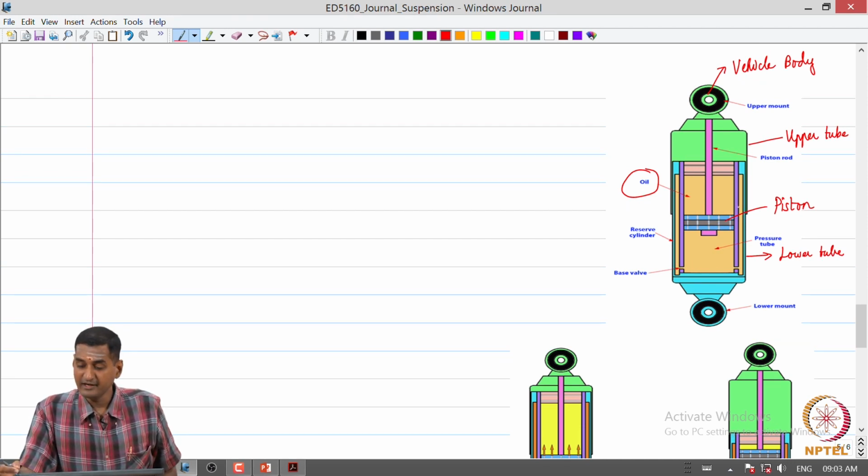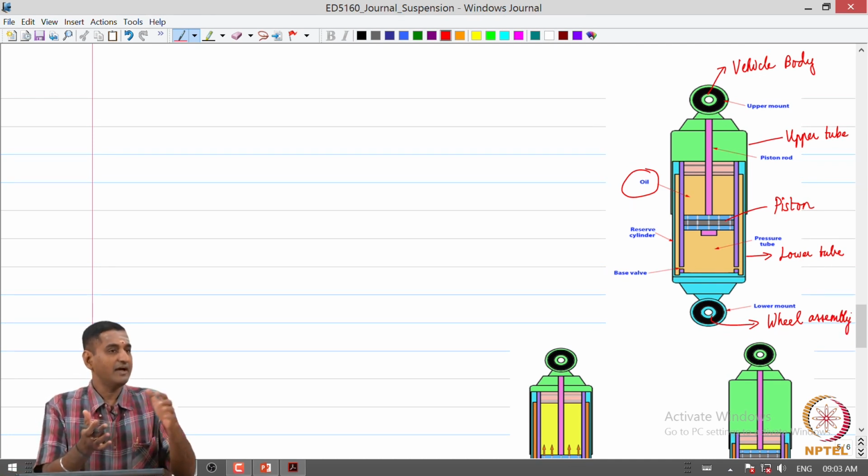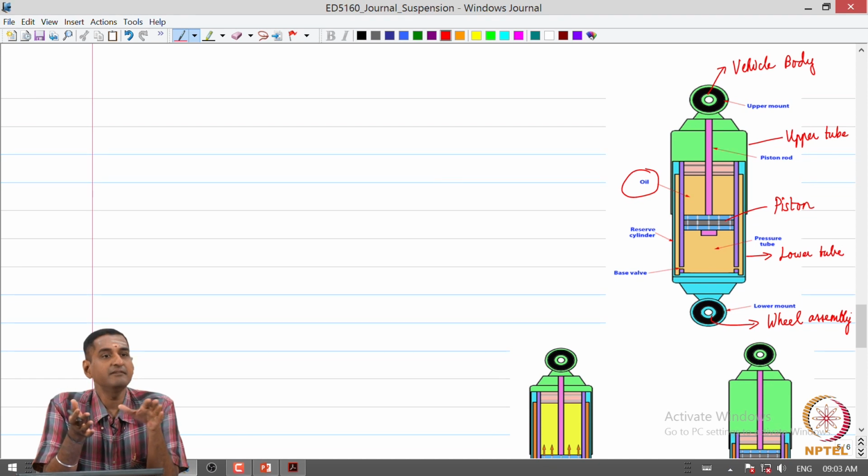Now this lower mount is connected to suspension linkages, ultimately connected to the wheel assembly. So as the wheel assembly vibrates or gets displaced with respect to the vehicle body, these tubes are going to slide relative to each other, in and out of each other.